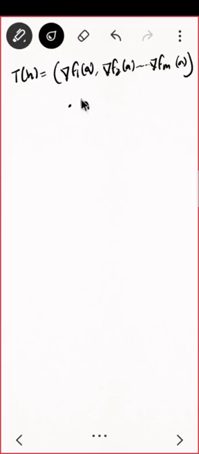So this h will be multiplied to everyone, del f1 of a into h. This is like a matrix, you see that.